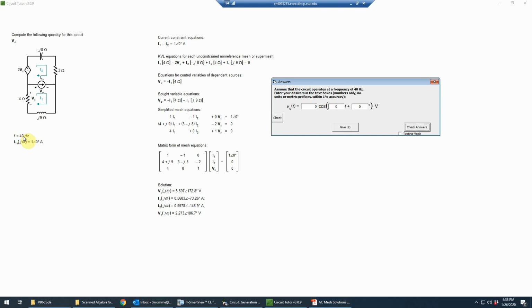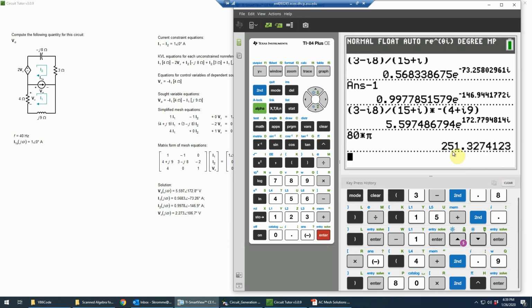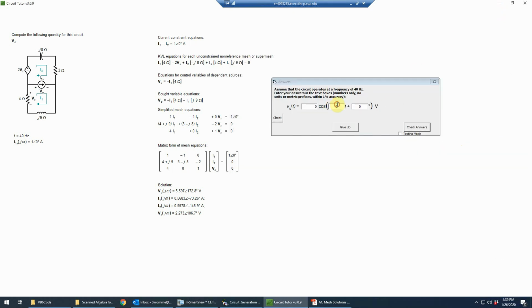So 2 pi times 40 would be 80 pi. And we can just evaluate that quickly on the calculator. So that would be 80 times pi. And that's 251. That's probably enough accuracy. So we'll put 251 in there.